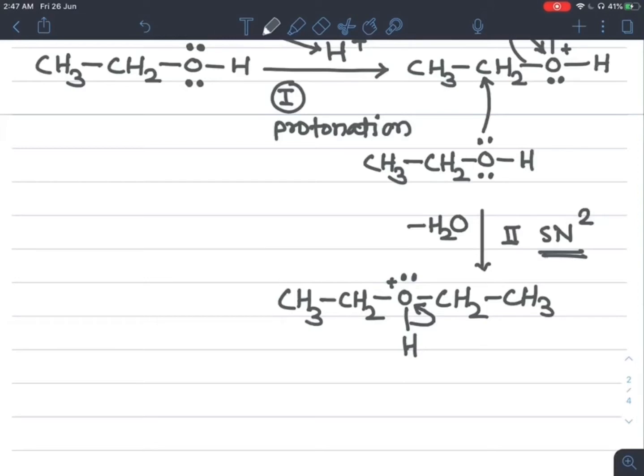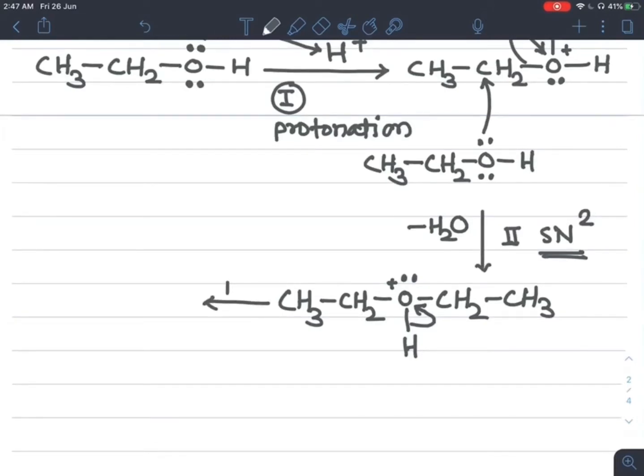This is the third step, and in this third step removal of H+, meaning deprotonation, takes place. So the hydrogen, that is H+, is removed.